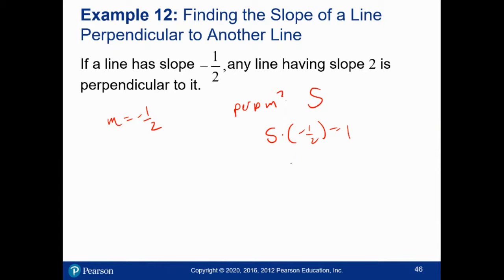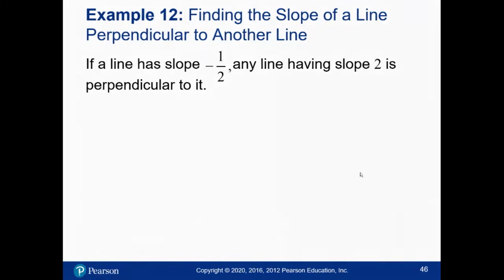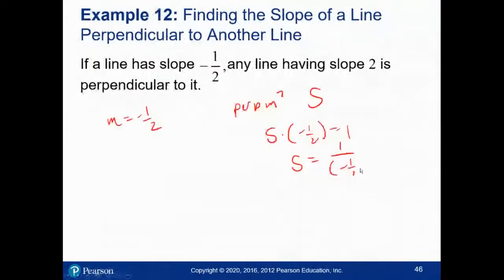If I divide both sides by negative 1/2, I get S is equal to negative 1 over negative 1/2, which is 2. Oh, I wanted the product of the two slopes to be minus 1. It's negative 1 over negative 1/2. It's positive 2.